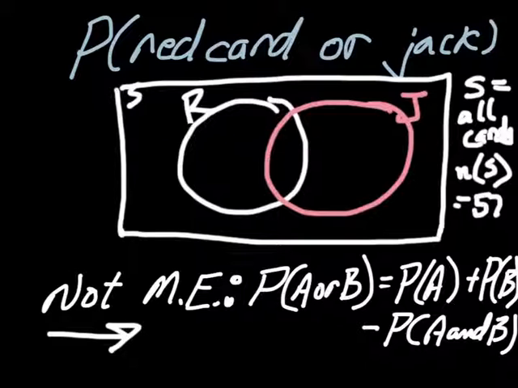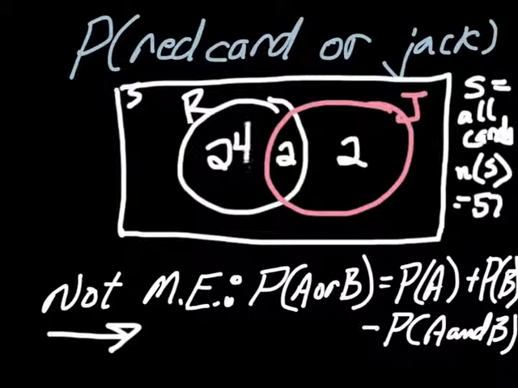But 2 of the jacks are red, so the number 2 goes here. Since there are 2 more jacks, the number 2 goes there. There's our 4 jacks. And since we have 26 red cards, we need a 24 here. So when you look at this in terms of a set, all of a sudden you can see that the number of red cards that we have, this right here, is equal to 26.